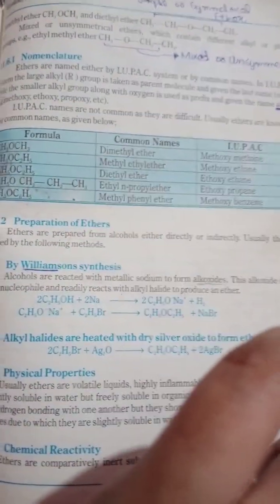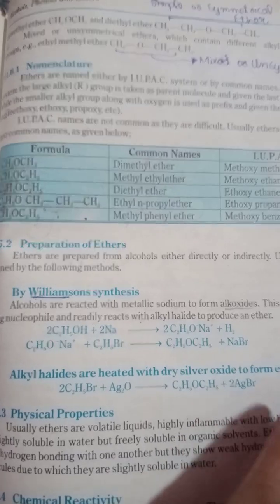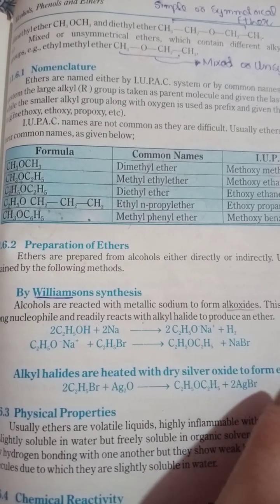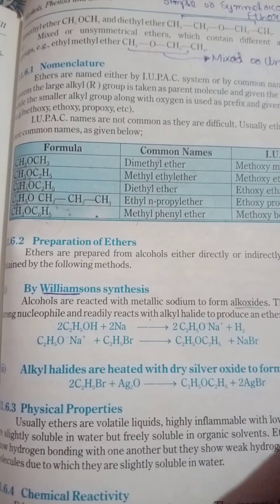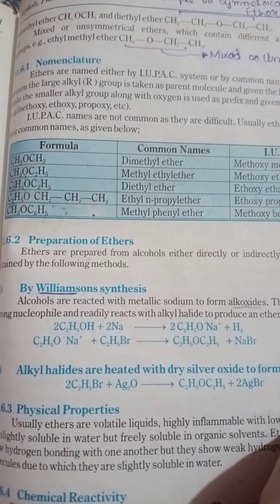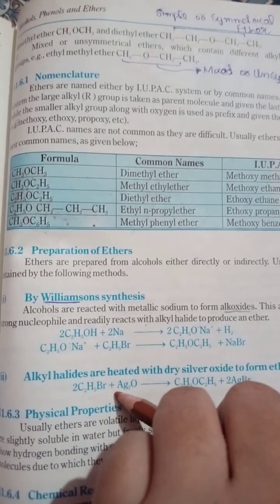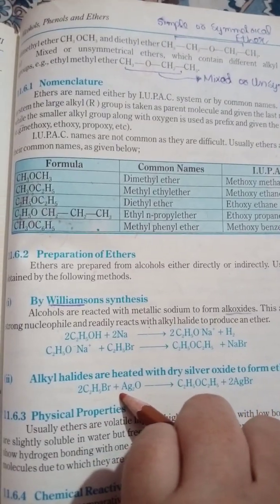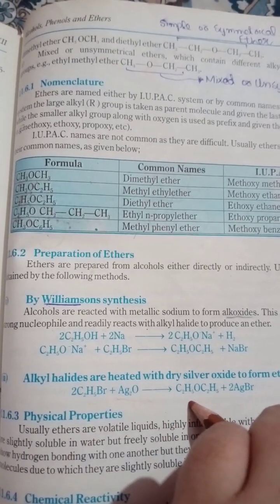number of carbons. Okay, next are the preparations. One reaction is the Williamson synthesis, and in the other reaction, the alkyl halide will react with silver oxide and convert into ether.